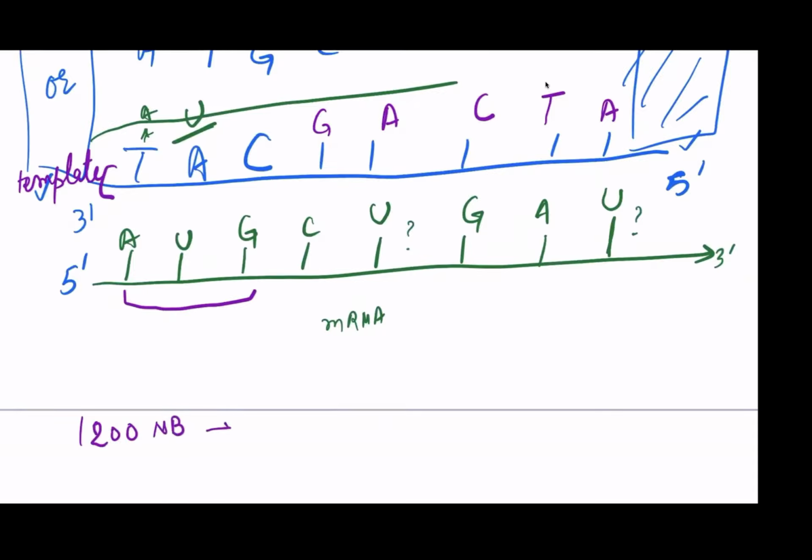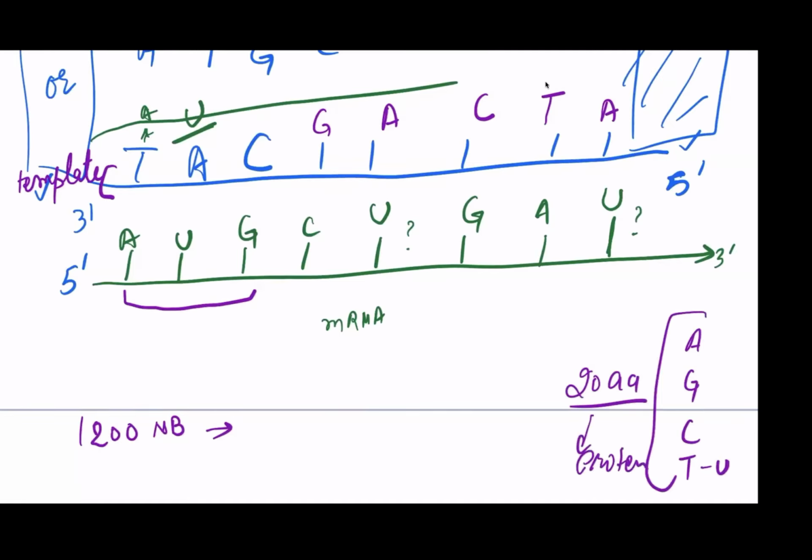They found that your amino acids are not 1200. They don't code 1200 amino acids. They code something less than that. And you have only 4 letters, A, G, C, and T or U. But you have to code 20 amino acids naturally to make a protein, right?